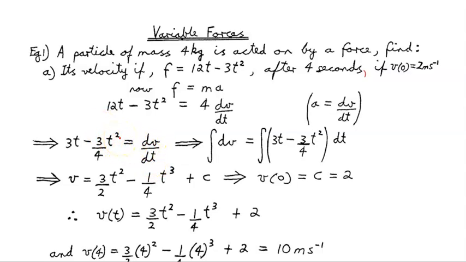And if we were to split the differentials, what I really mean when I do this is dv/dt integrated with respect to t, and the same on the other side, integrating both sides with respect to t.